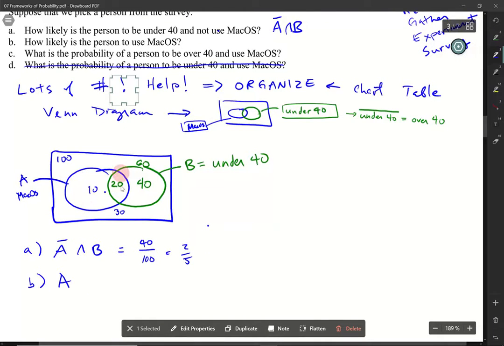And so that's all of A. So we want the part of A that intersects with B, and the part of A that does not intersect with B. So that equals 10 plus 20, equals 30, right? So that's 30 over 100, which is 3/10.